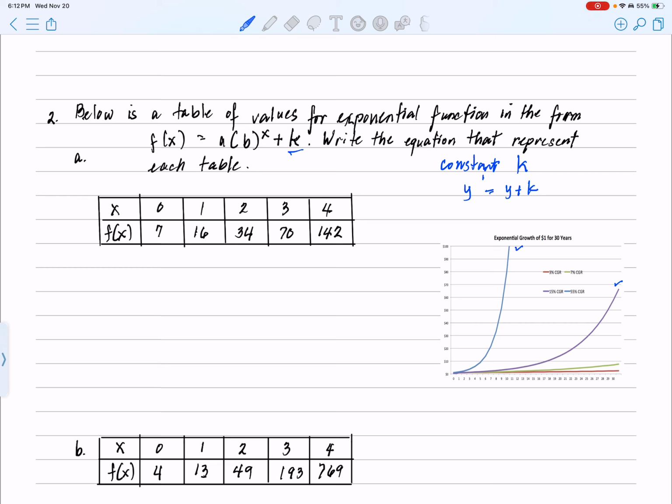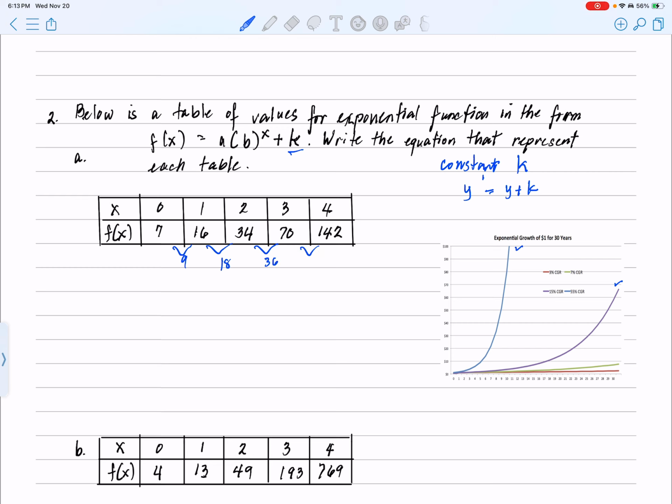So let's get the differences: 16 minus 7 equals 9. Then 34 and 16, we have 18. 70 and 34, we have 36. 142 and 70, we have 72.